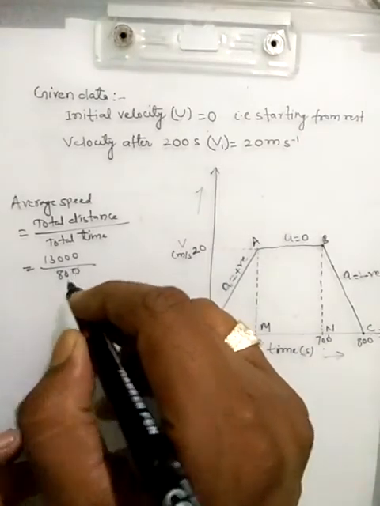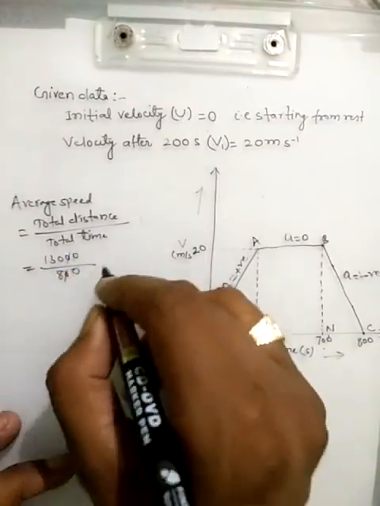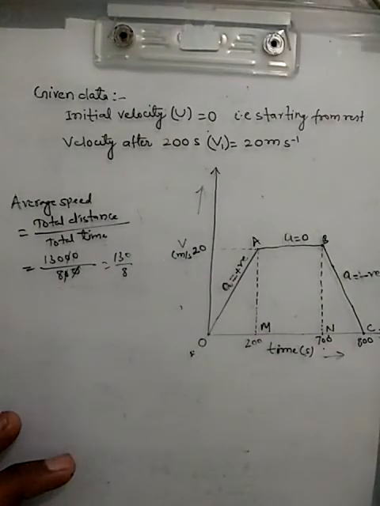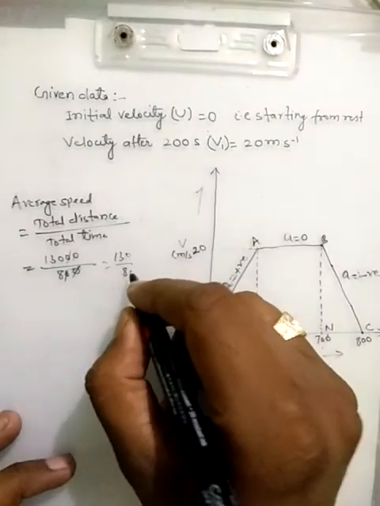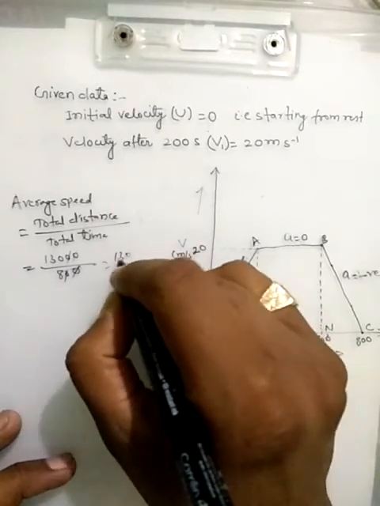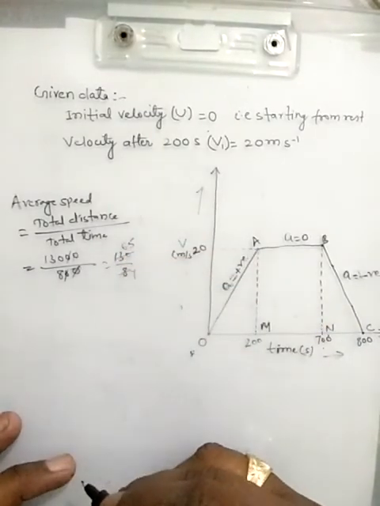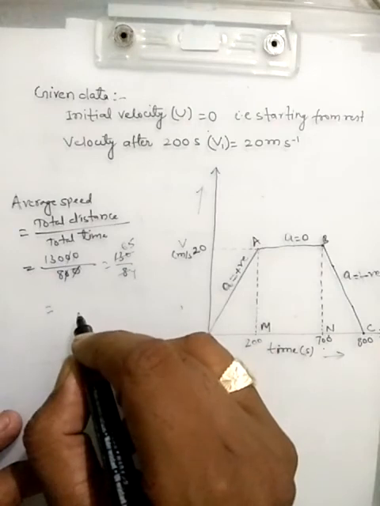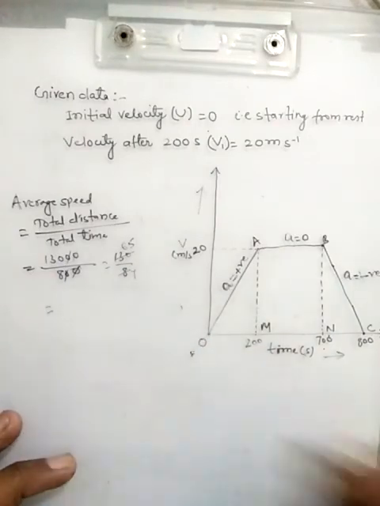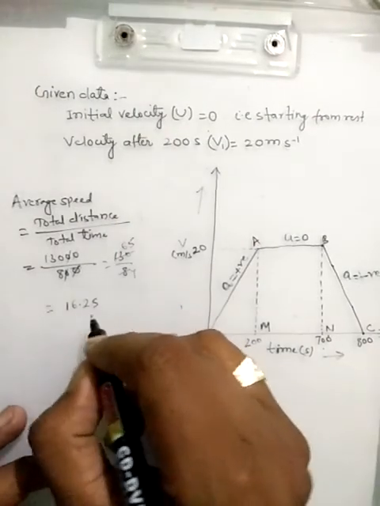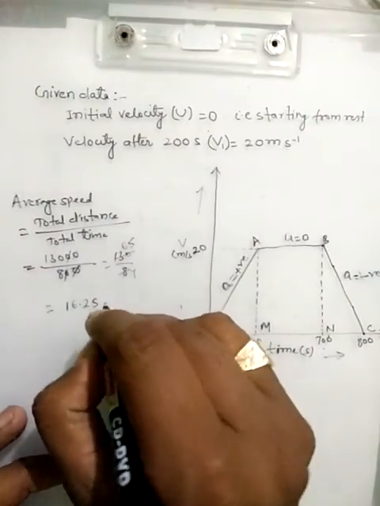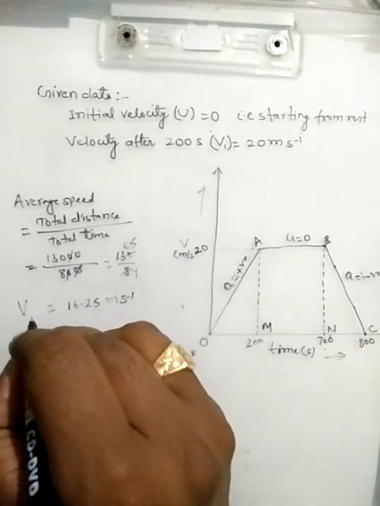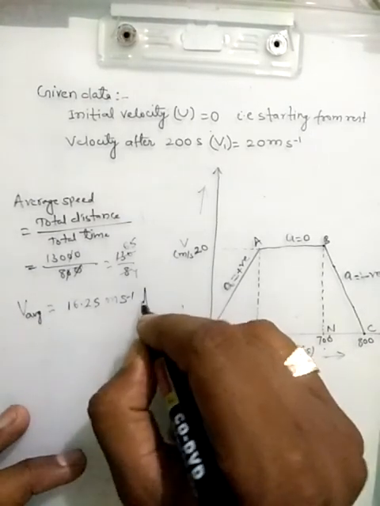Then we can find it will be equal to 130 upon 8, and this will be 16.25 meter per second. This is the average speed of the object during this motion. This is the answer.